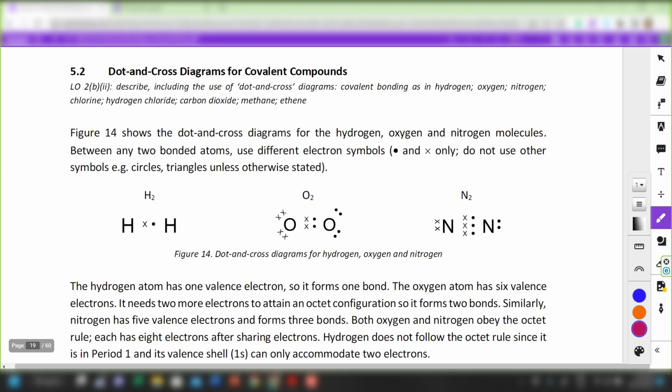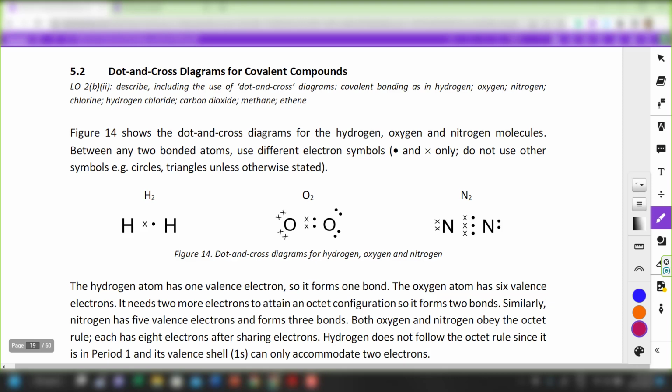It is the drawing of the dot and cross diagram for covalent compounds, especially simple covalent compounds, that allows us to decide what is the best structure for the compound, or otherwise I think later on you'll be introduced to something known as a Lewis structure.